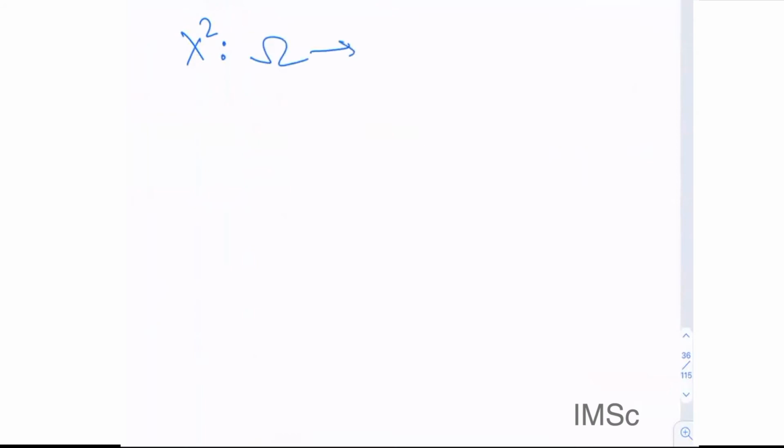So now let's try to understand. X square is another random variable, right? This is also going from omega to r. X square of w is nothing but x of w whole square.